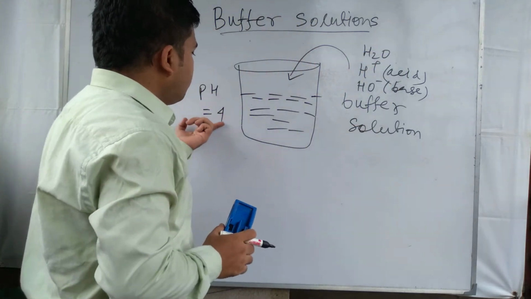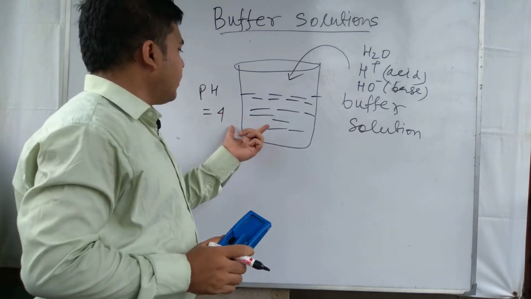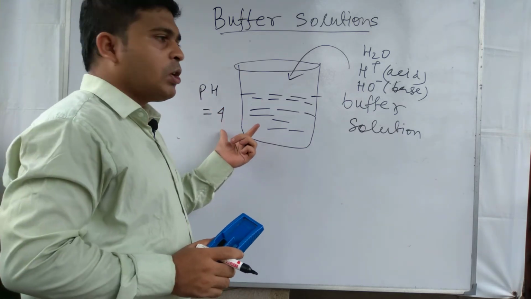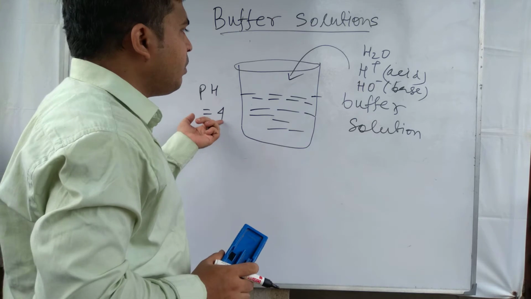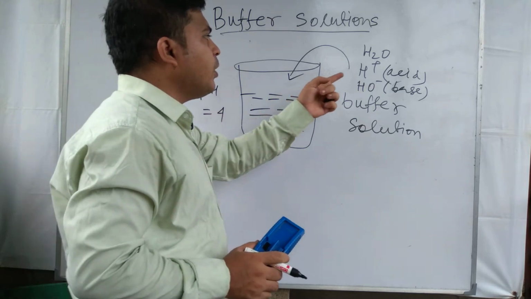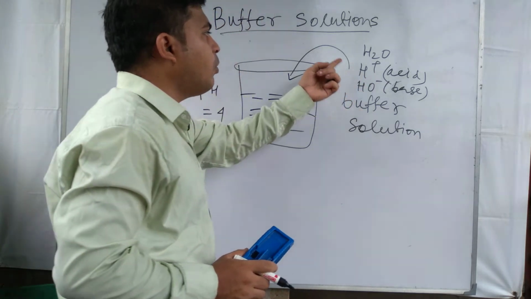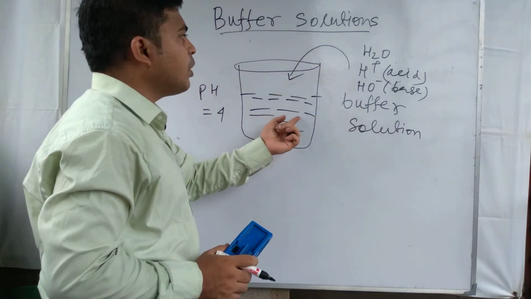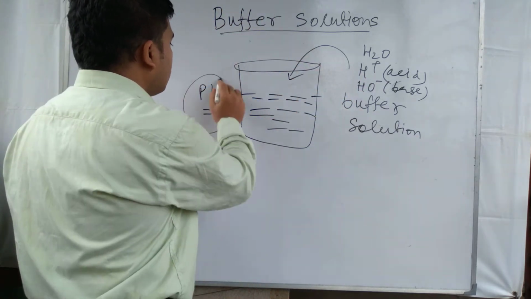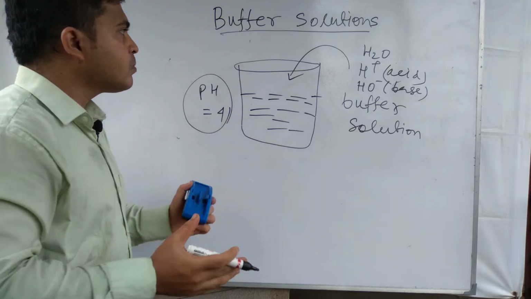Its pH remains 4. Its initial pH is 4, and when we add H2O, H+ or OH- from outside to this solution, the pH will remain almost 4.